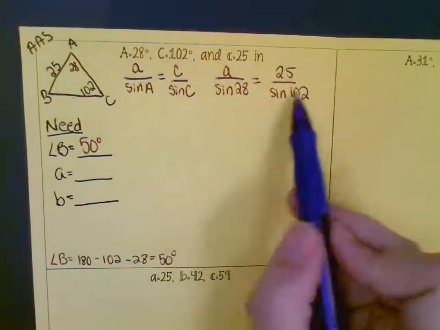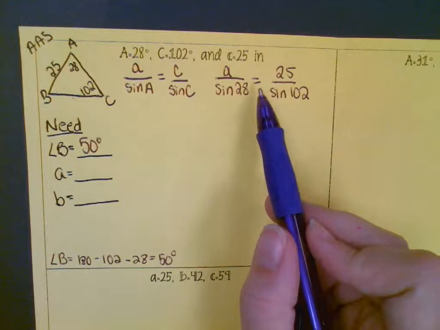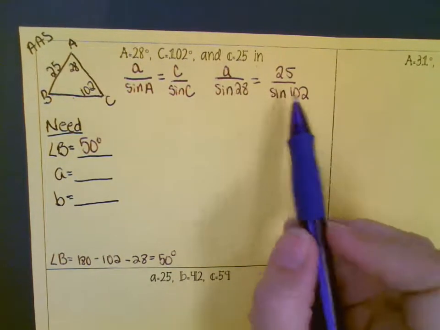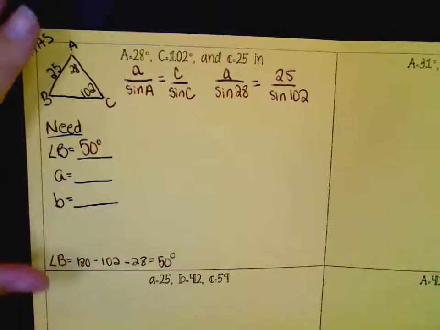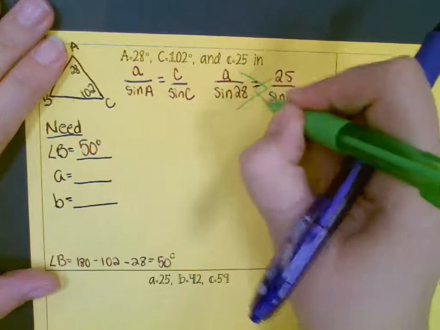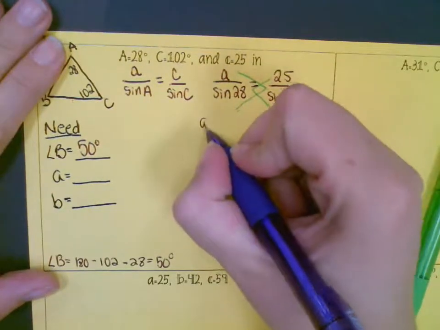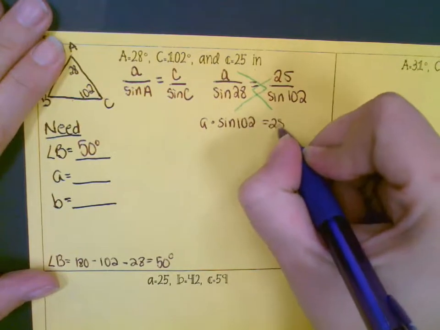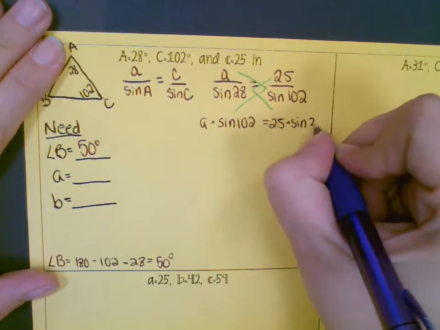Okay, so now if we take a look at this proportion that we have, we need to find A. So since it's a proportion, I would just cross multiply. So we would have A times the sine of 102 equals 25 times the sine of 28.